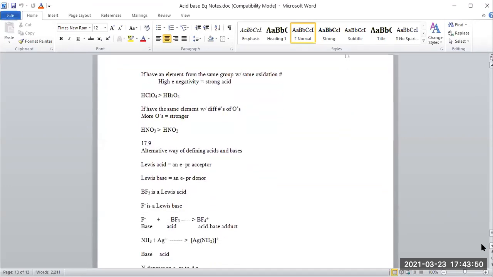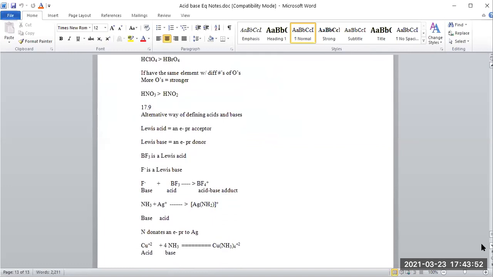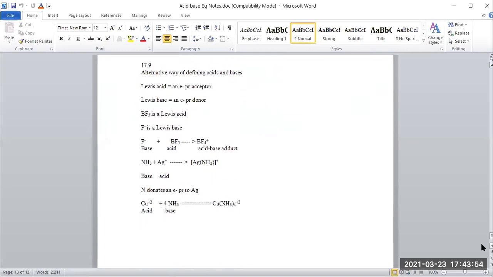Now, the very last segment of this chapter involves the most, I'll choose the word expansive, or the broadest way to talk about acids and bases. Now, we did Arrhenius at the beginning of the chapter, and then we did Bronsted-Lowry.